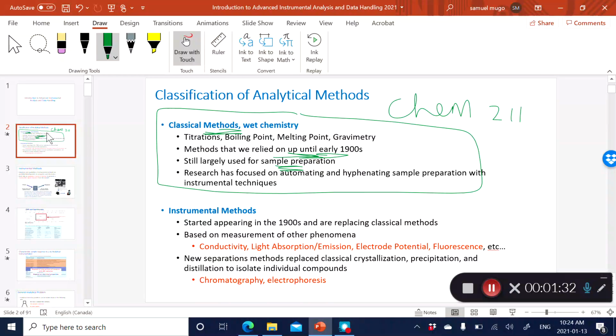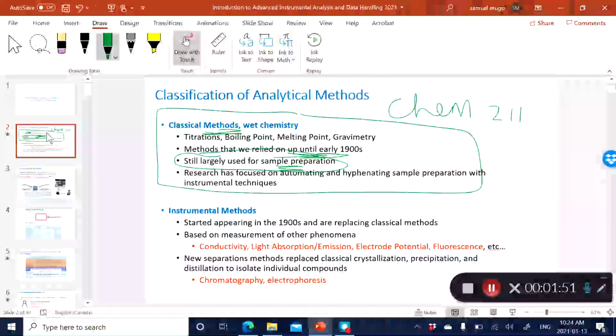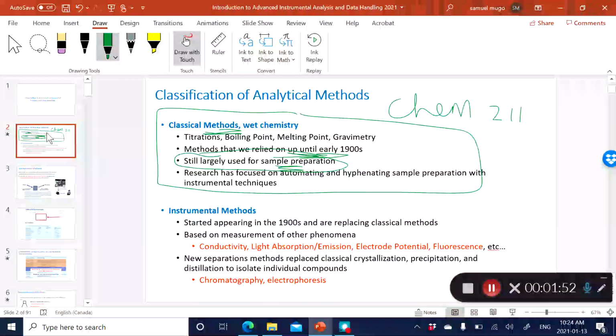So even though we don't use them as often for quantitative analysis, we still use them a lot to prepare the sample for instrumental analysis. So classical methods still remain very relevant today, but primarily to get the sample ready for analysis by the instruments.